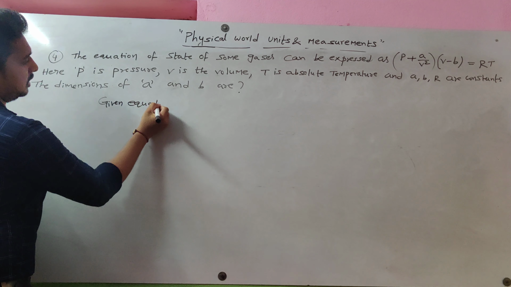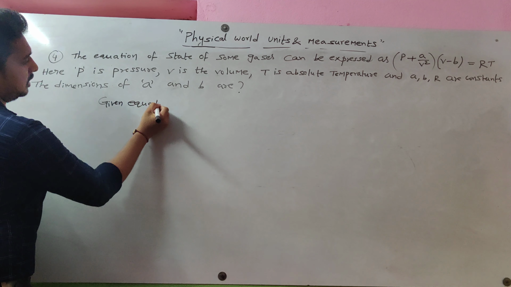Pressure P is equal to force by area. Force is M L T power minus 2, area is meter square, meaning L square. So L square cancels, and the dimensional formula for pressure is M power 1, L power minus 1, T power minus 2.